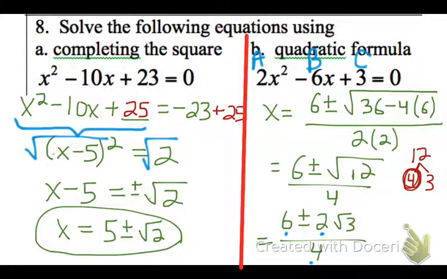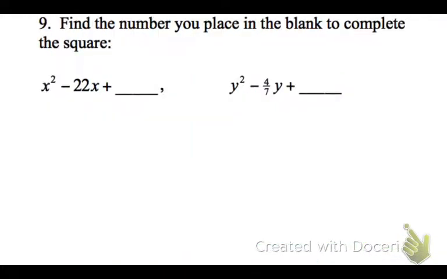So divide by 2 and you get 3 plus or minus root 3 over 2. And I believe that's our answer. Let's move on.